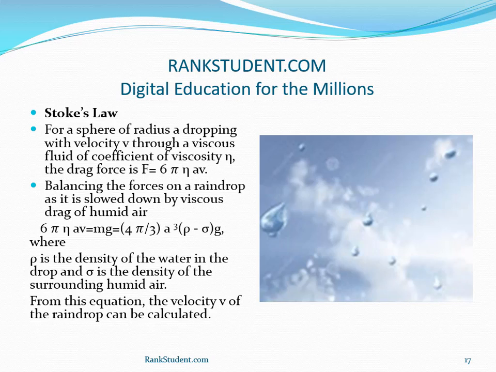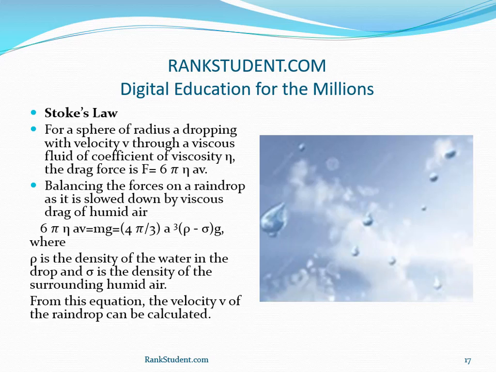Balancing the forces on a raindrop as it is slowed down by viscous drag of humid air: 6 pi eta a v equals mg, which is equal to 4 pi over 3 a cubed times rho minus sigma, times g, where rho is the density of the water in the drop, sigma is the density of the surrounding humid air.